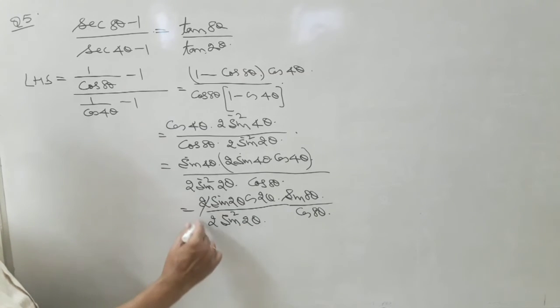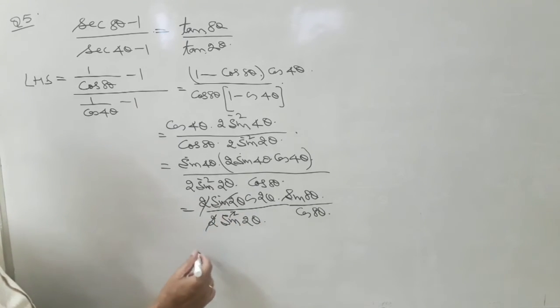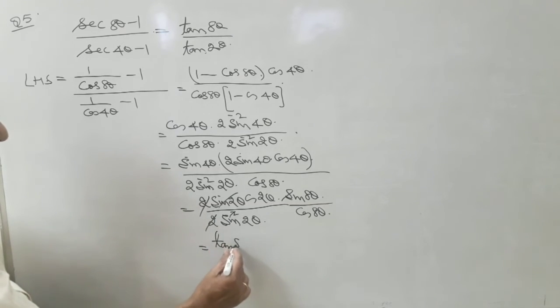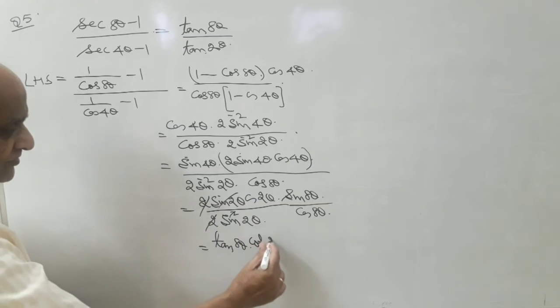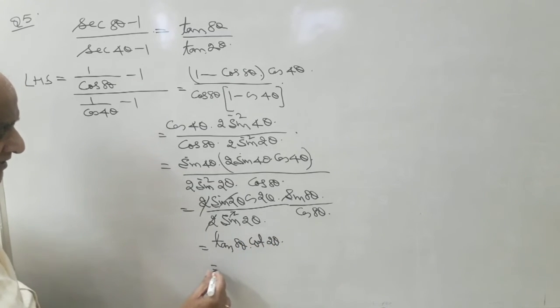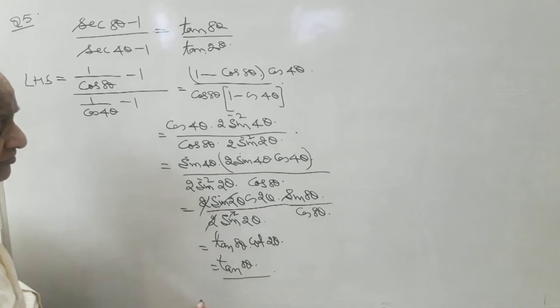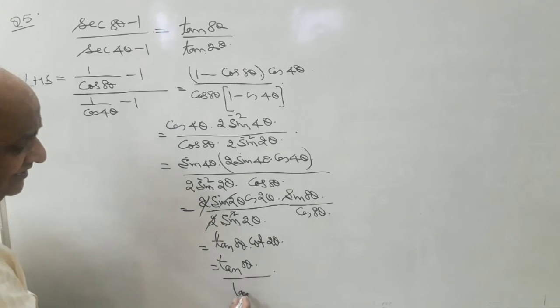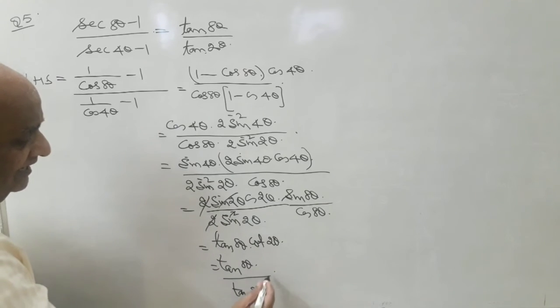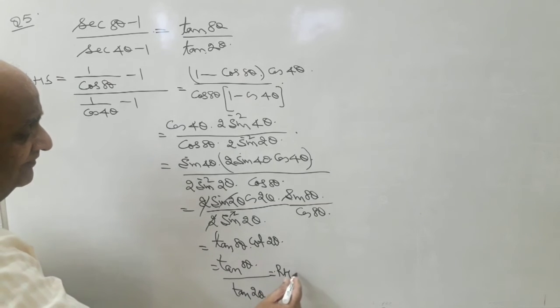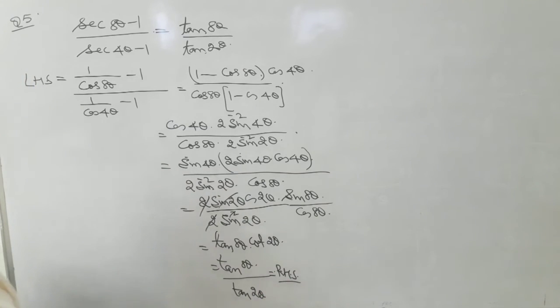Look, this 2 will go, sine will go, and you have just tangent of 8 theta into cotangent of 2 theta, which is nothing but tangent of 8 theta over cot 2 theta, meaning tangent of 2 theta, as required on the right hand side of the question.